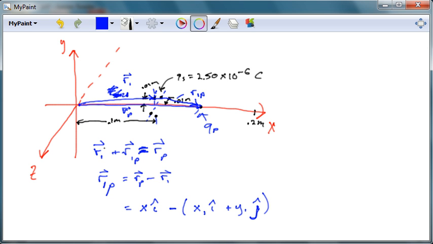We don't really have to work in ijk notation because the geometry is so simple here, but I choose to, especially since things aren't that clear in the diagram at the scale I drew it. So this amounts to x minus x1 times i minus y1 times j. So that's the distance from that one fixed charge particle to the particle in question.